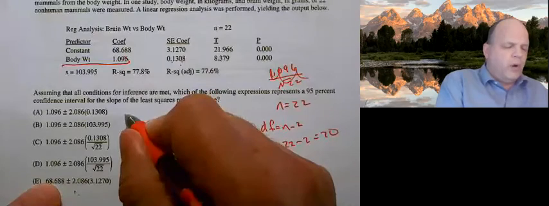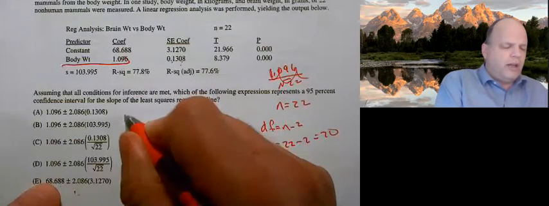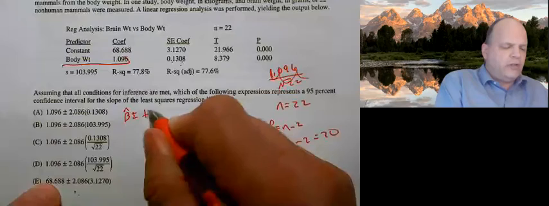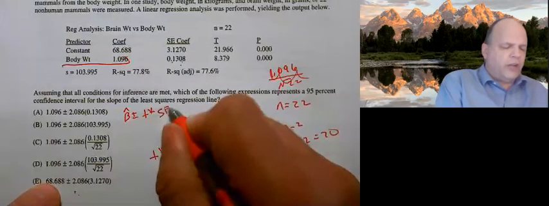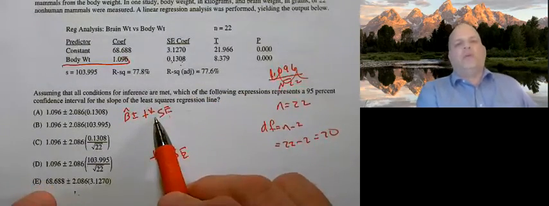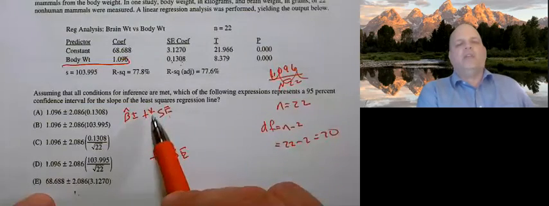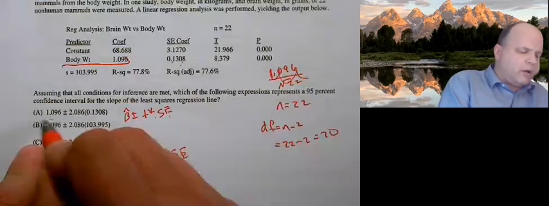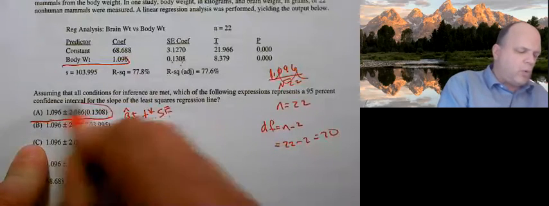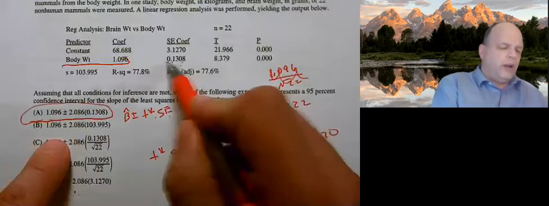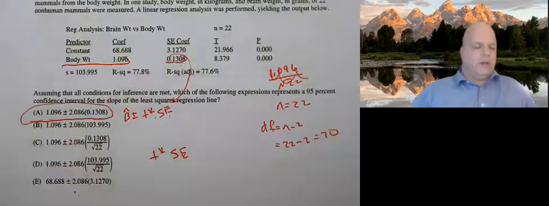So when we're working with regression, think of b-hat plus or minus t-star times our standard error, all right? Or the standard deviation divided by the square root of n, but in this case, they give us the standard error, and our standard error is 0.1308. So this right here, without doing any more work, is our answer, because we just take our standard error, and that is that value right there.